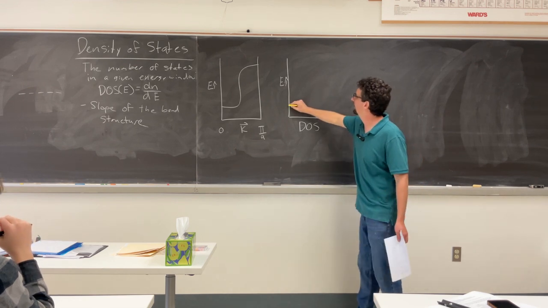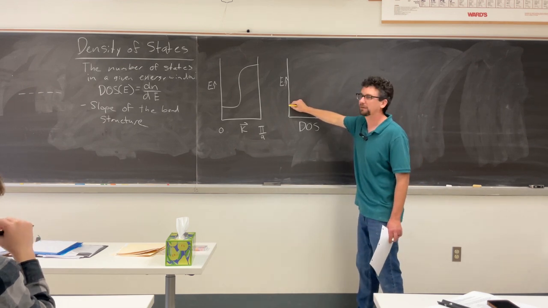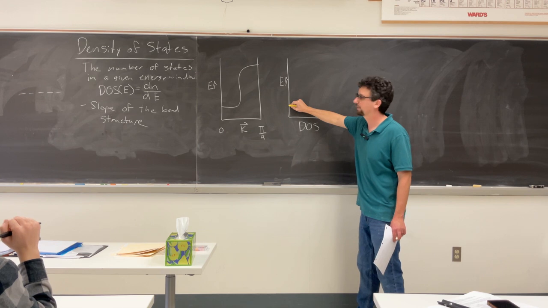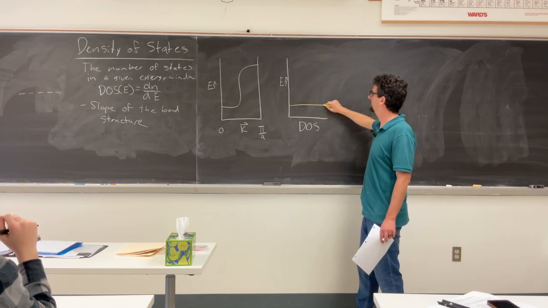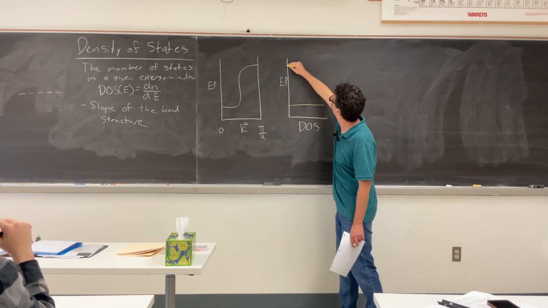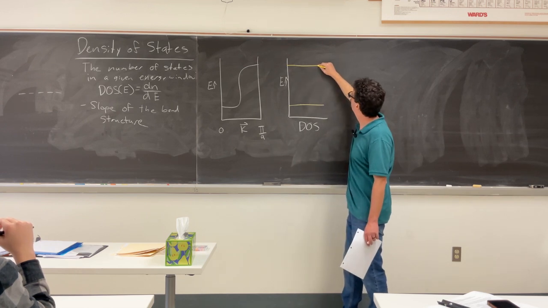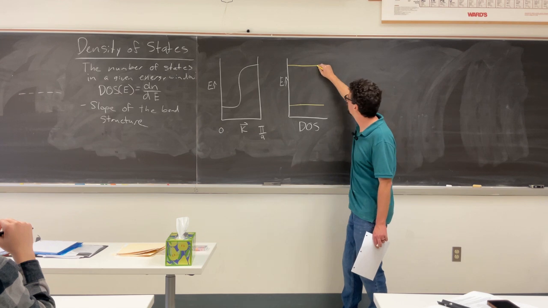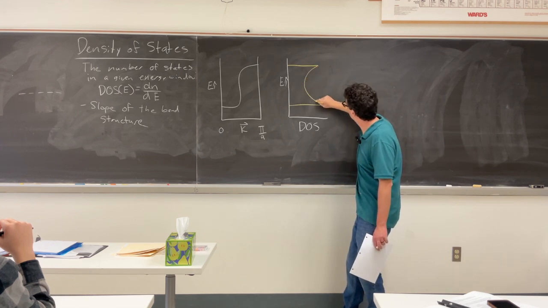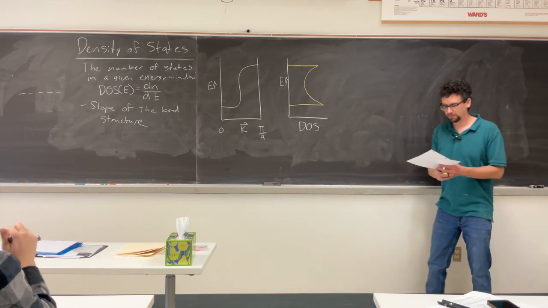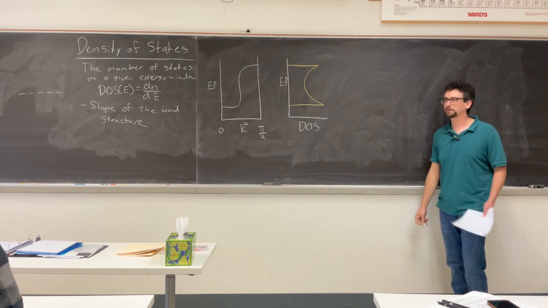So what's going to happen to the number of states at this point? Up or down? Okay. What about up here, where it's flat? Also not up. What about in between? There we go. Little demon horns.